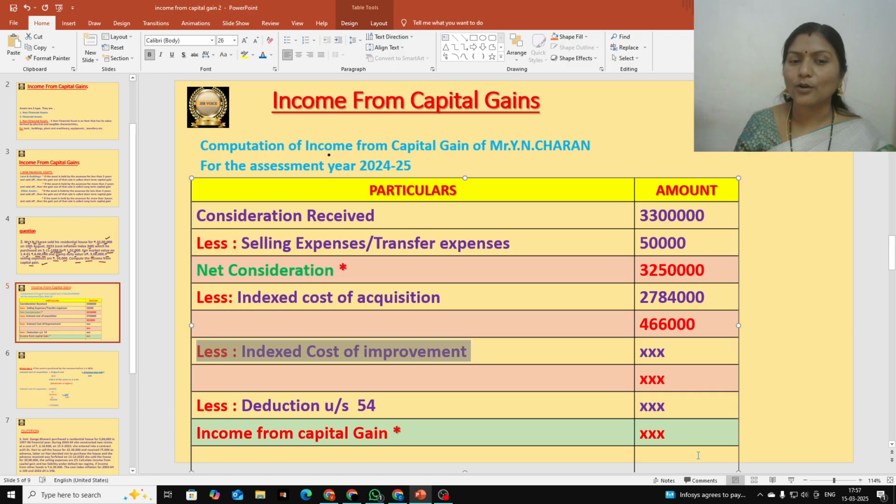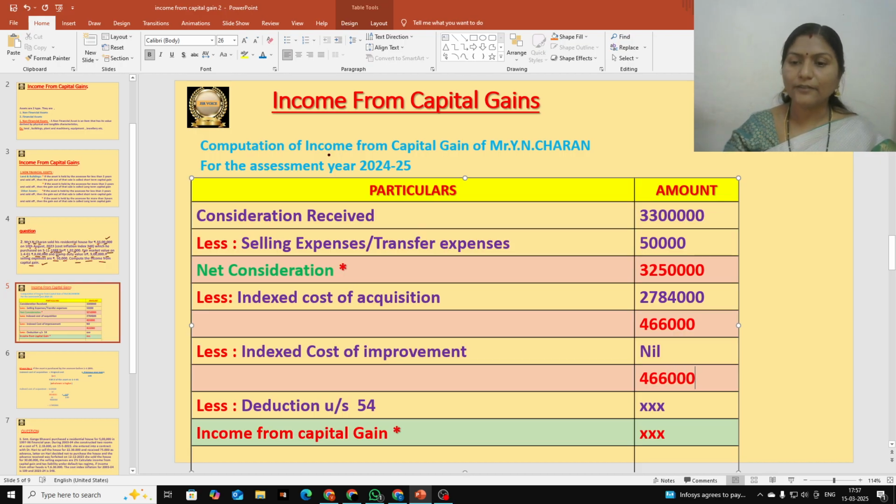So we are not going to calculate indexed cost of improvement. If you don't want to write, you can leave that. If you want to write, you have to put a dash in the amount column. So here I am just writing nil or dash. Anything you can write. Nil, it is not available. Again, how much we will get? Same amount, 4,66,000 we will get.